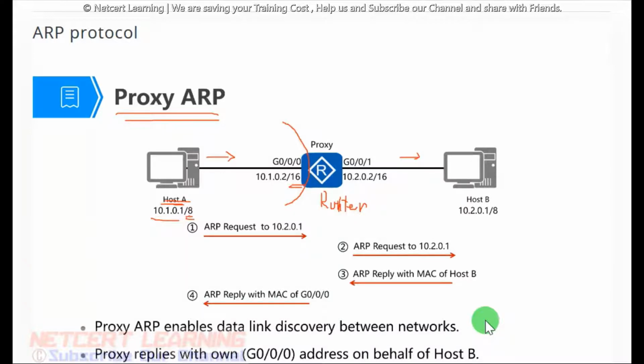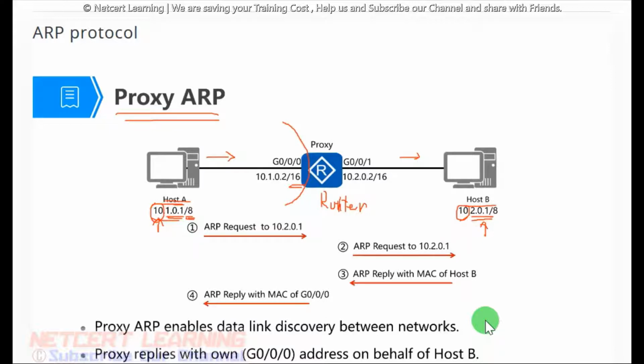In this case the mask length is 8. That means for host A, the 10 is the network part, and the rest of the 24 bits are all host part. Host B is the same. The 10 is the network part, and the rest of the 24 is the host part.